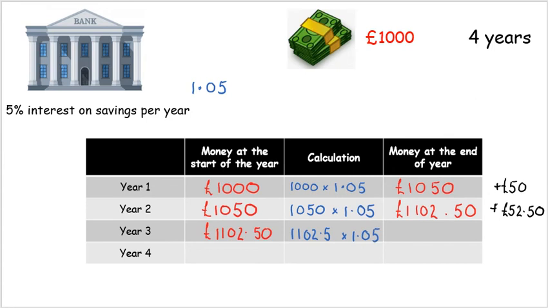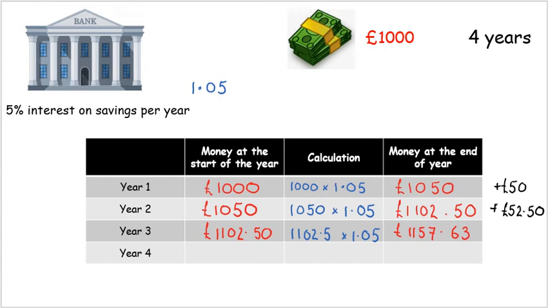If you're using your calculator, and your answer for the previous one is still on your calculator, you can just do answer multiplied by 1.05, so I don't need to keep typing in new numbers. And then, I'm going to have to round this one, that gives me £1,157 and 63 pence.